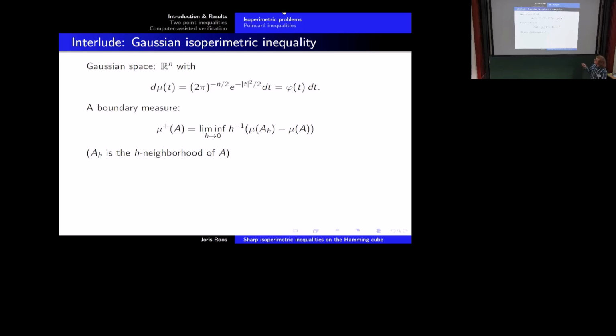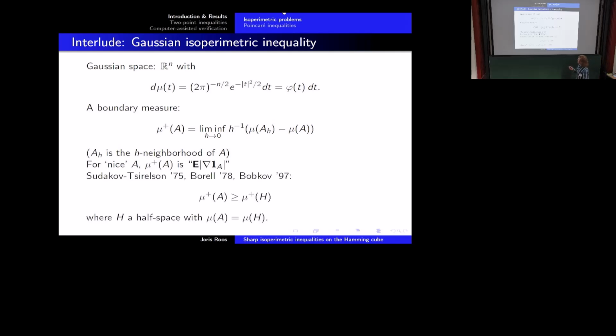So if you do this formula for the Lebesgue measure, and your set A is nice enough, then this is exactly going to give you a useful notion of boundary, such as a lower dimensional Hausdorff measure. So for nice sets A, you can also write this as expectation of the absolute value of the gradient of the characteristic function, right? Whatever that means. If A is not such a nice set, you can make sense of it.